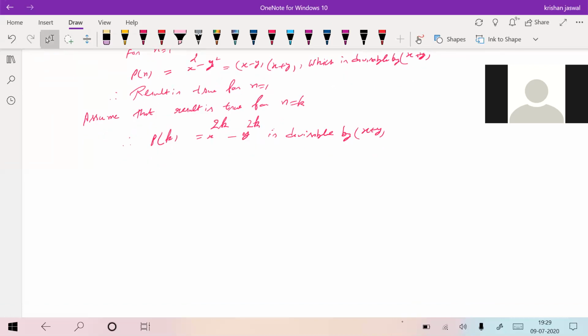If it is divisible by x plus y, then we can write x power 2k minus y power 2k is equal to m into x plus y, where m is an integer. In the answer, x plus y is a factor.